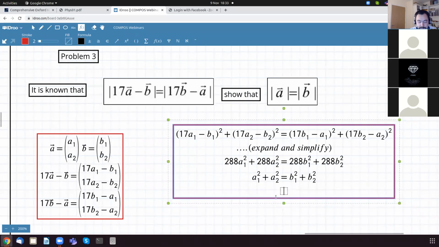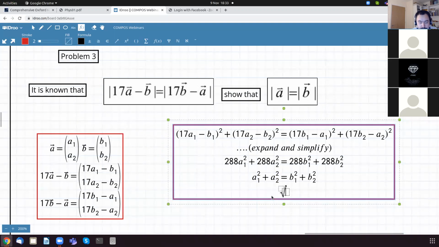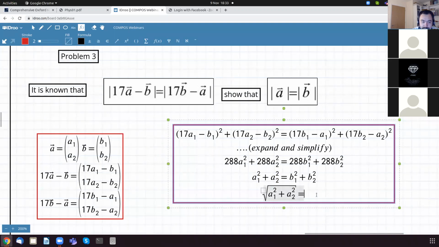What we can do is say, I'm going to take the square root of both sides. Because both sides are positive, we are allowed to take square roots. The square root of that is equal to the square root of that.